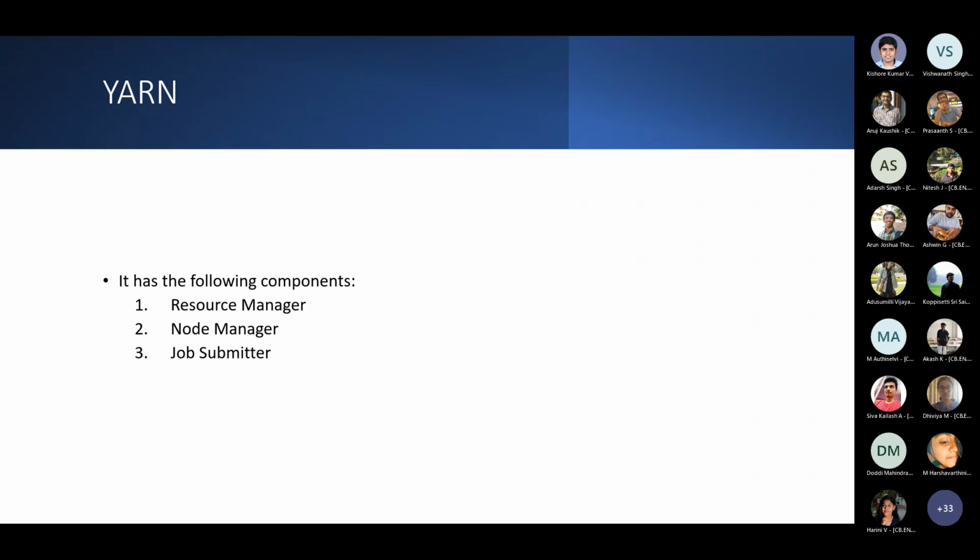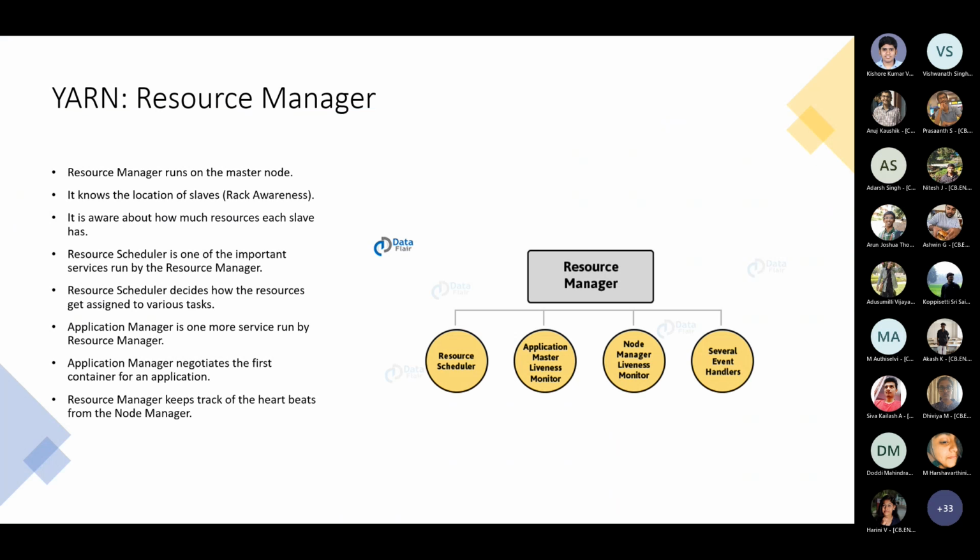YARN basically has three components. It manages resources, nodes, and how to use the jobs. You can see the resource manager in YARN. Because it's a resource manager, it will obviously run on the master node, because this is the one which controls all the processes. You remember we had the HDFS system, part of it running on the master.